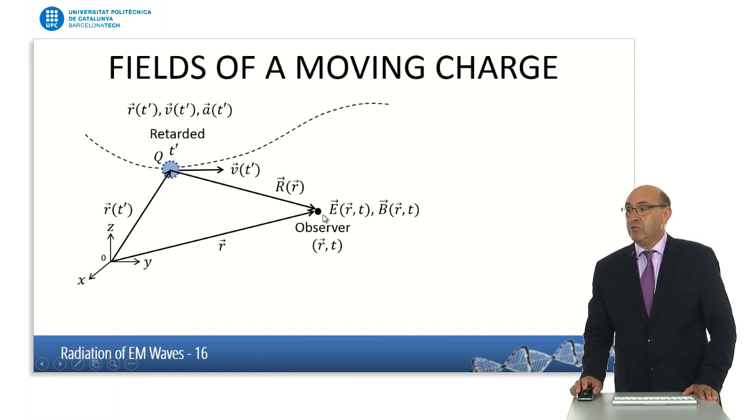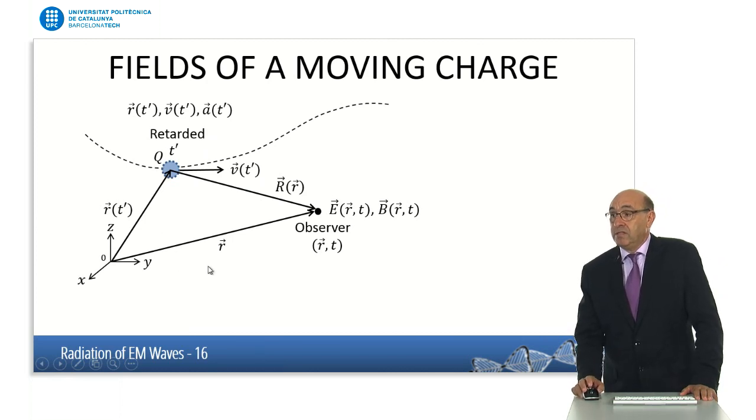That means that what we receive now at this time was produced by the charge at a previous time. There's a time delay. So we say that this time t is retarded with respect to this one. And this is why we use here t and here t prime to say that there is a time delay between those two.